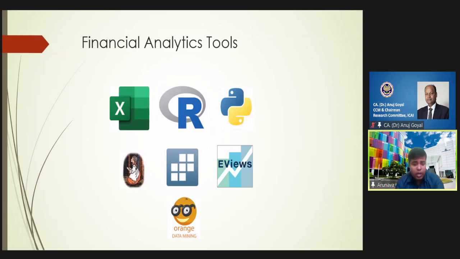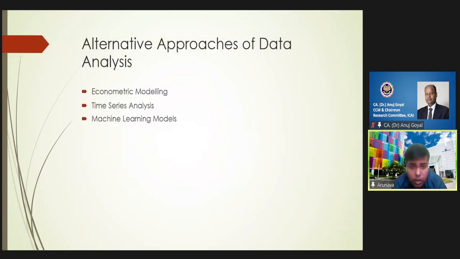representation and analysis, right? And I wanted to talk a little bit about different alternative approaches of data analysis. So the basics of statistics and data analysis, the regression part will remain the same, but there are some new things like econometric modeling and all.